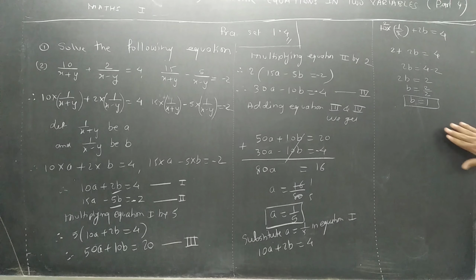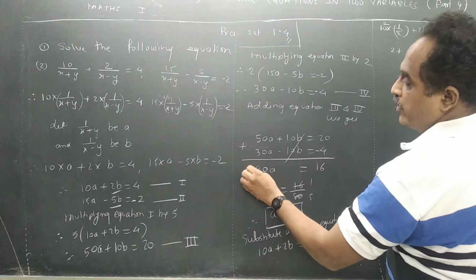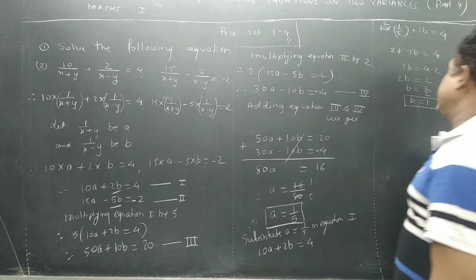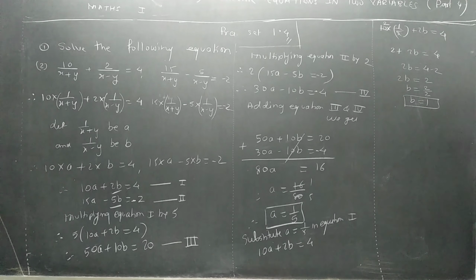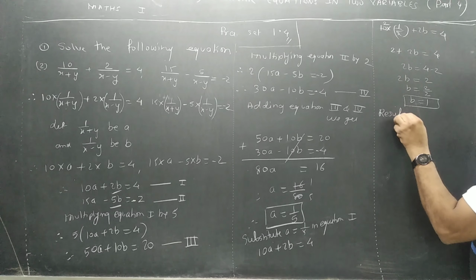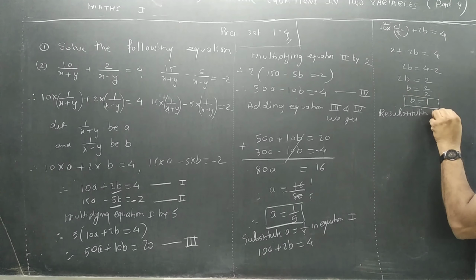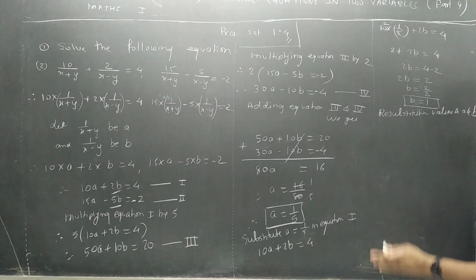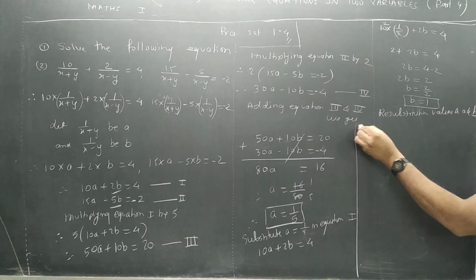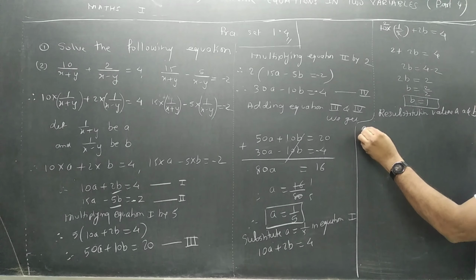Once again, when we got a and b, that is not the final answer, because we have taken something as a and b. So what are you going to write over here? Resubstituting the values of a and b. What is the value of a and b? So I'll make a little bit of place over here. a is equal to 1 upon x plus y and b is equal to 1 upon x minus y.